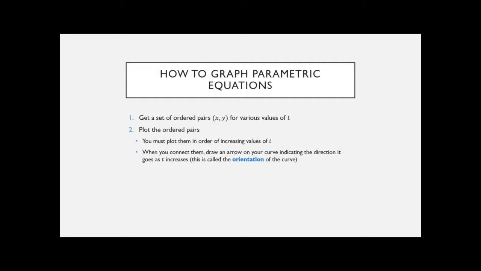So how do we graph these things, basically? You have your equations that are in terms of t as your input, and you pick values of t, you plug those into both equations to get x and y values, and then those are your ordered pairs that you plot.